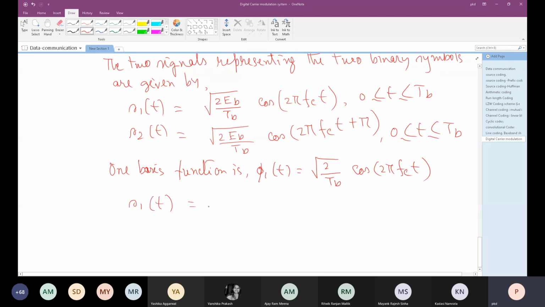S1t is equal to square root of EB phi 1t for 0 less than t less than or equal to TB, and S2t also we can represent, because basically same frequency, minus square root of EB phi 1t, because of the pi we are treating it as minus.